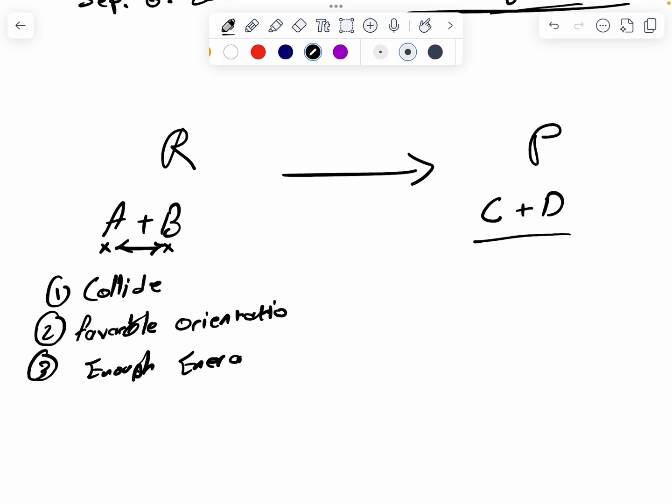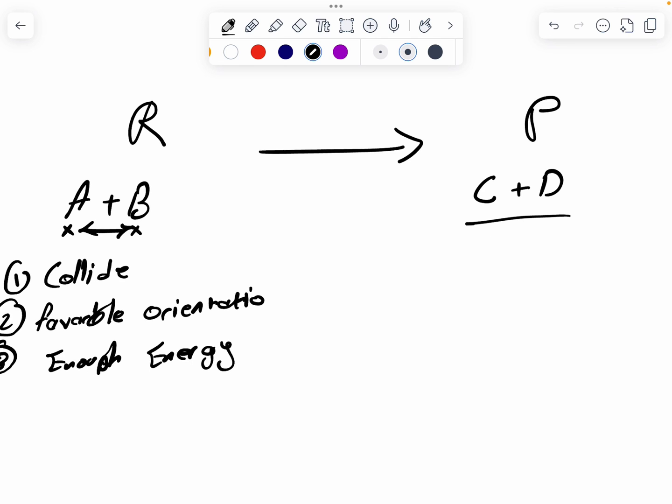If we have these three conditions, then we get a product. So A will react with B, colliding in favorable orientation and with enough energy, and after that we have the products, C and D.